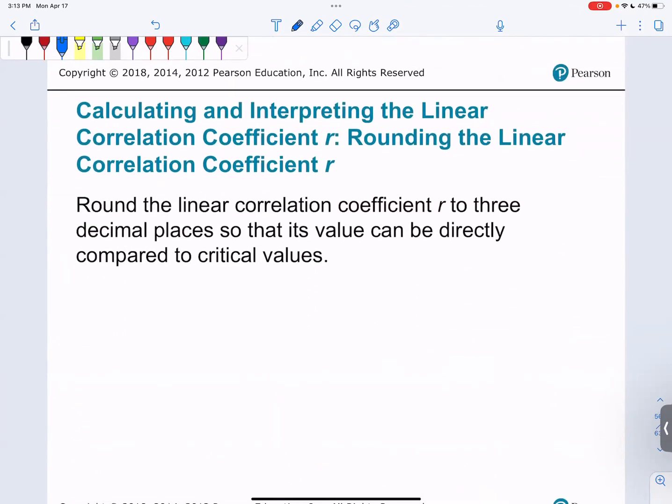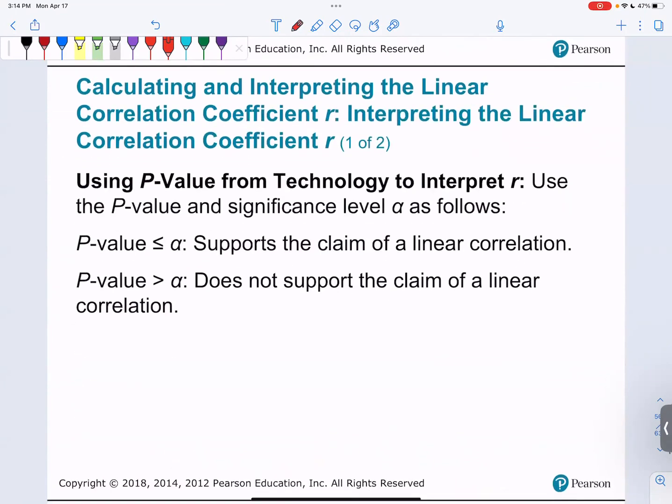If you have found the correlation, round this correlation to 3 decimal places. Okay, 3 decimal places. So we can compare those values to the critical value you can find in our table, or even using technology. Also, we can use the p-value. When we have a p-value less than or equal to alpha, then we can say, okay, we have correlation.